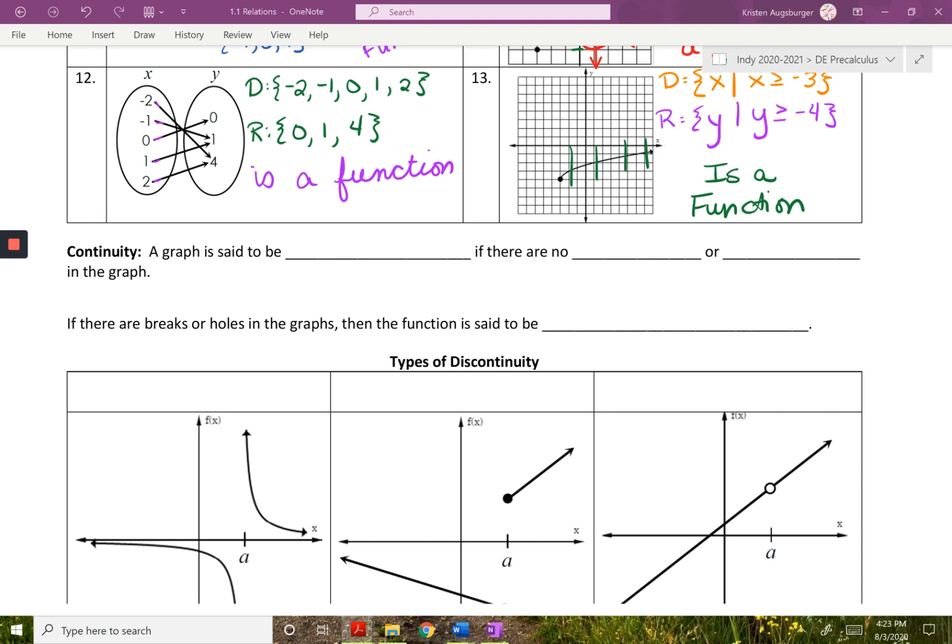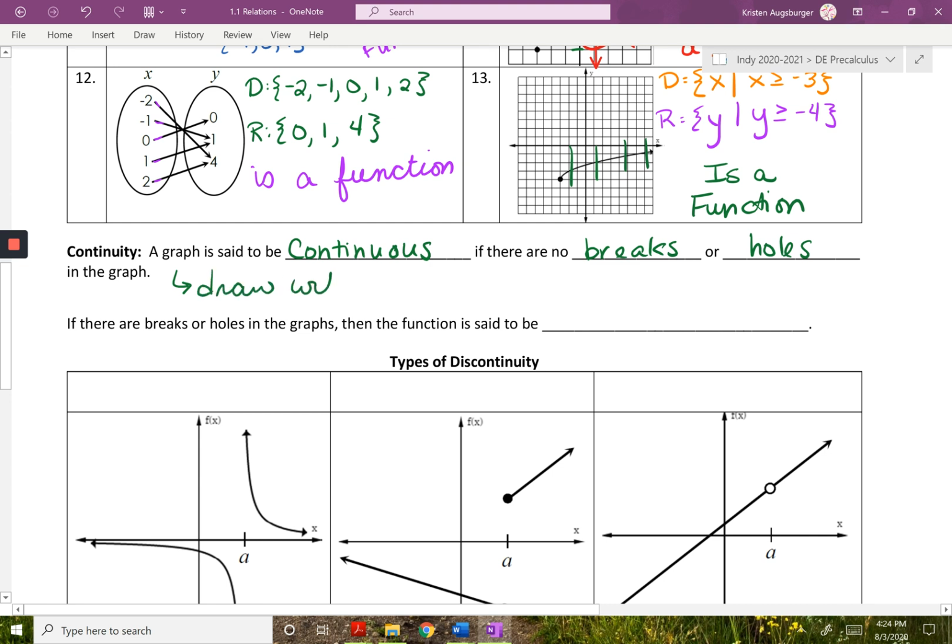So one more piece that we're talking about today, and that is continuity. A graph is said to be continuous if there are no breaks or holes in the graph. Basically, what I like to think of is, it's continuous if you can draw it without lifting your pencil.